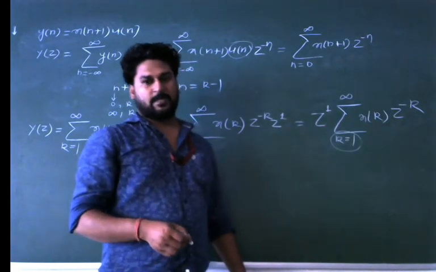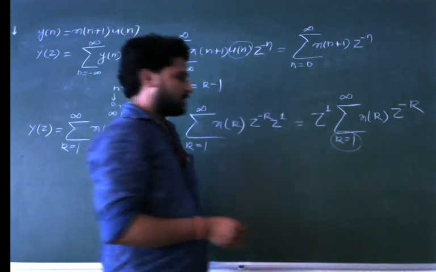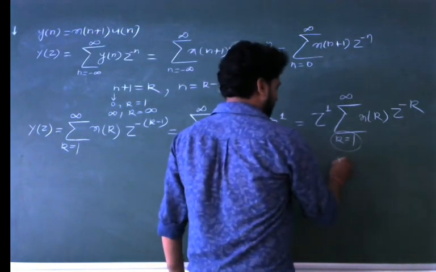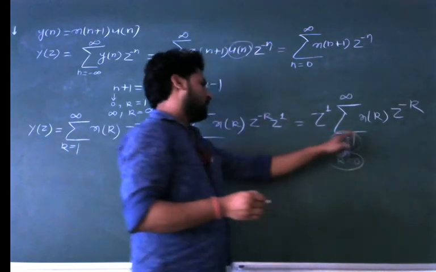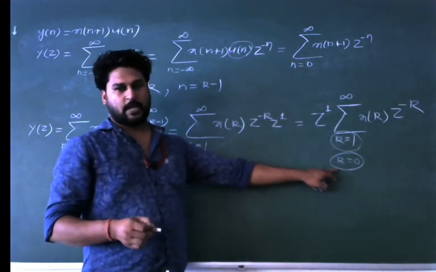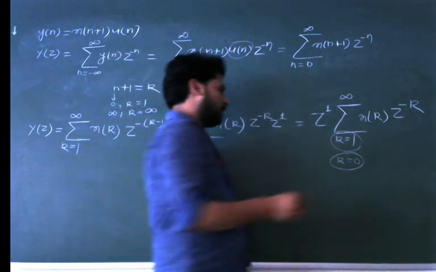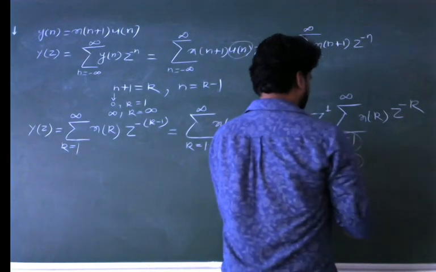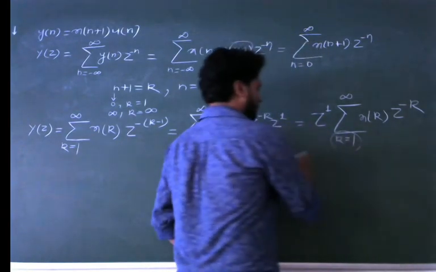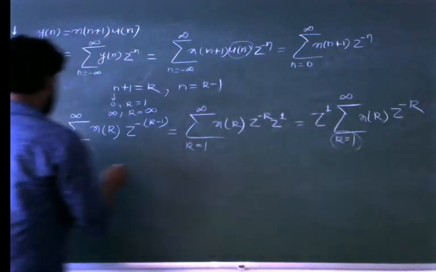For that purpose, we have to add an extra term for k equal to 0, and similarly we have to subtract this term also. So I will add one term for k equal to 0.